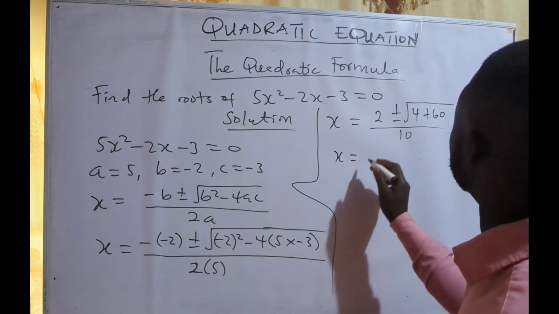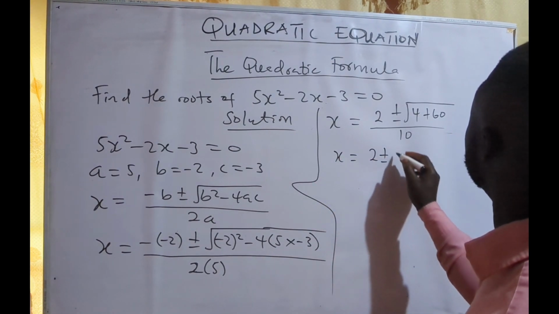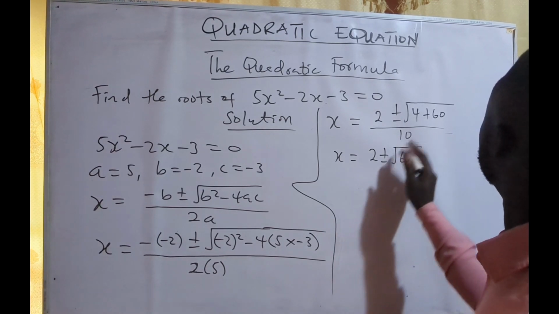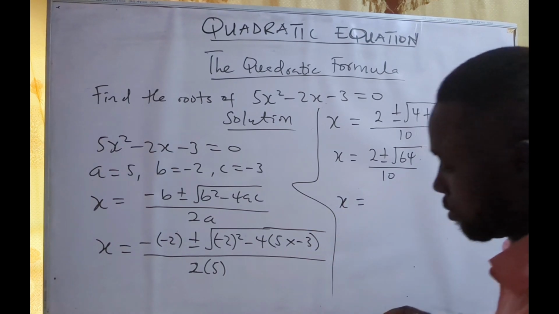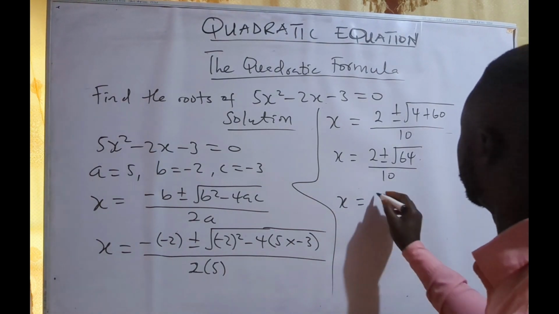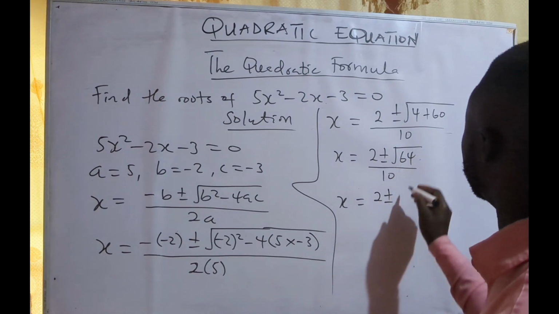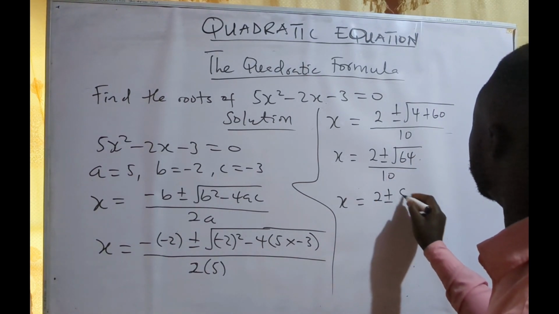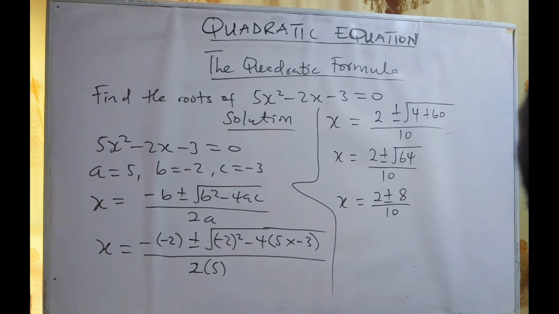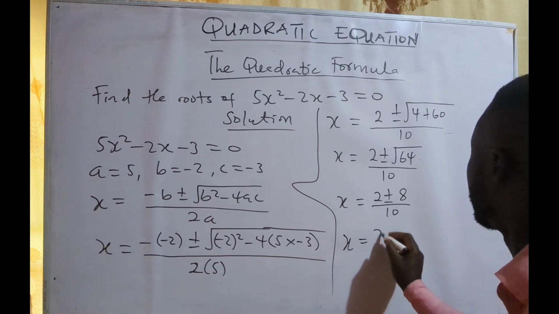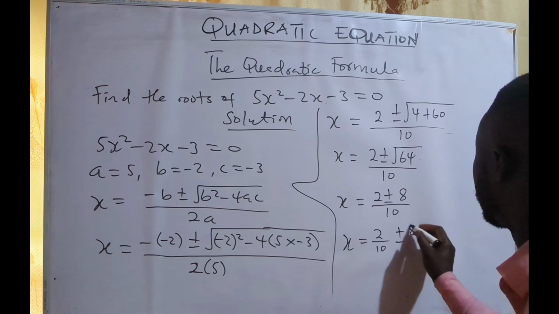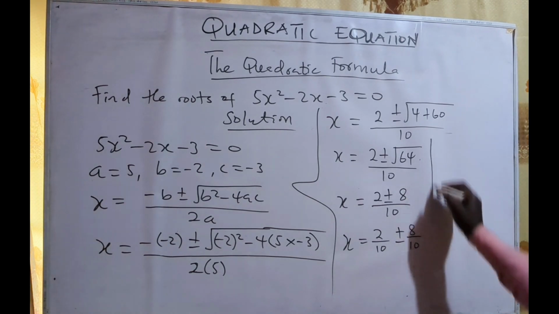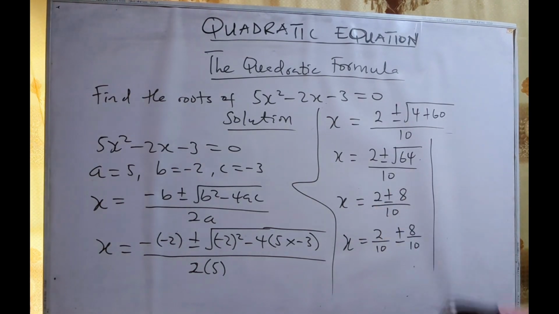So my x will be equal to 2 plus or minus square root of 64, 60 plus 4, all over 10. What is the square root of 64? That is 8 over 10. Okay, so square root of 64 is 8. So my x will be equal to 2 over 10 plus or minus 8 over 10.